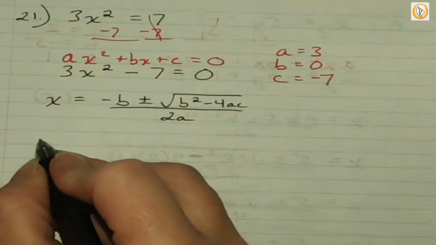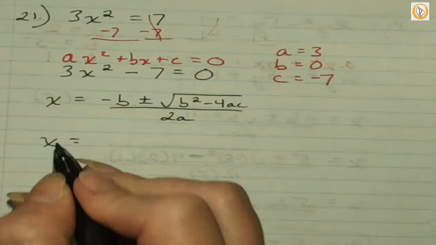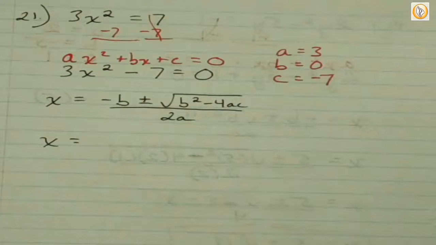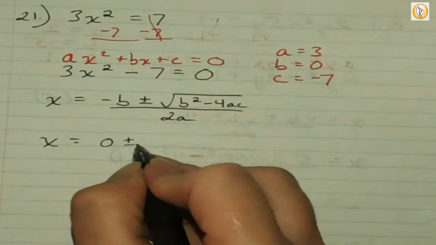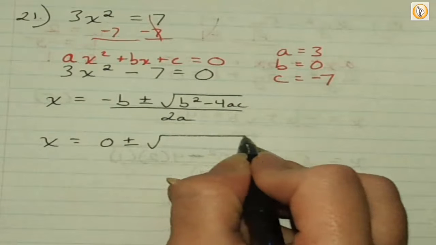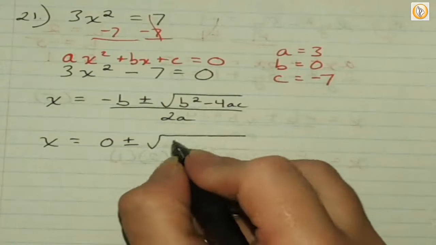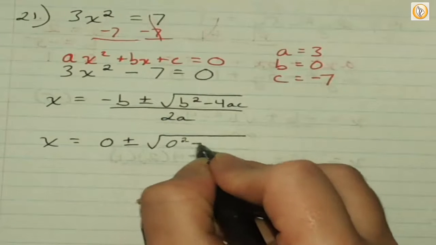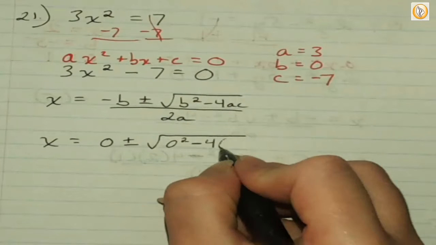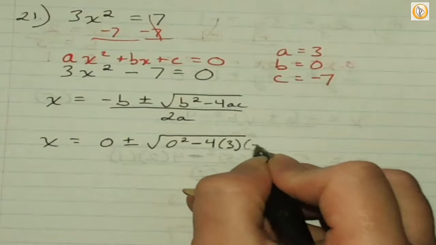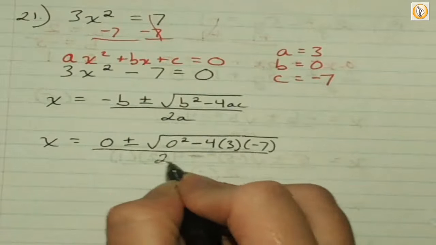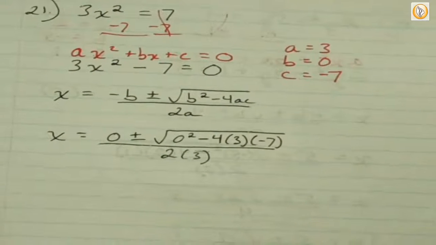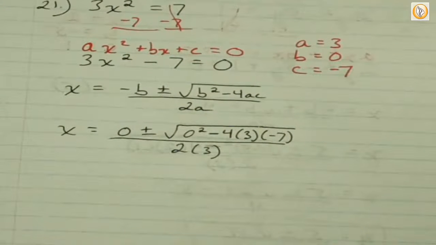All right, so we start plugging in information. x equals, b is 0, so I'm just going to put 0, plus or minus the square root of 0 squared minus 4 times 3 times negative 7, over 2 times 3. Let y'all write that down.